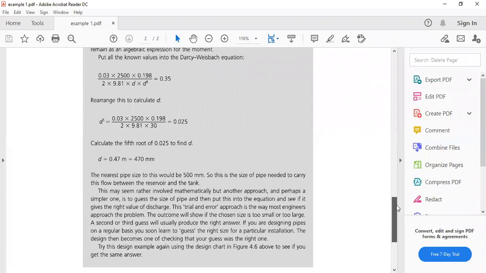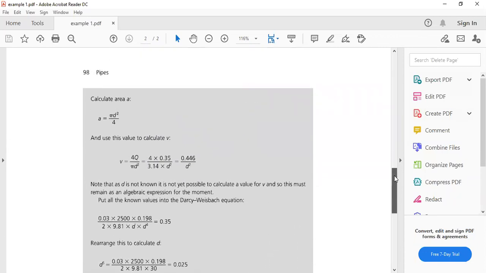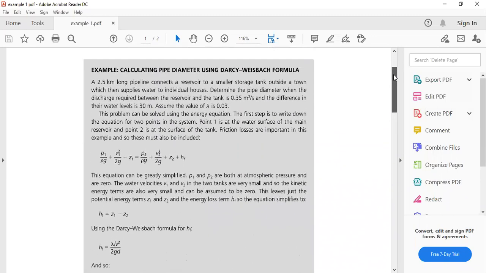So I'll be able to post this problem that we have gone through in the WhatsApp group, but also I'm going to add other problems, different situations, so that you're able to go through and see how you can solve these problems.